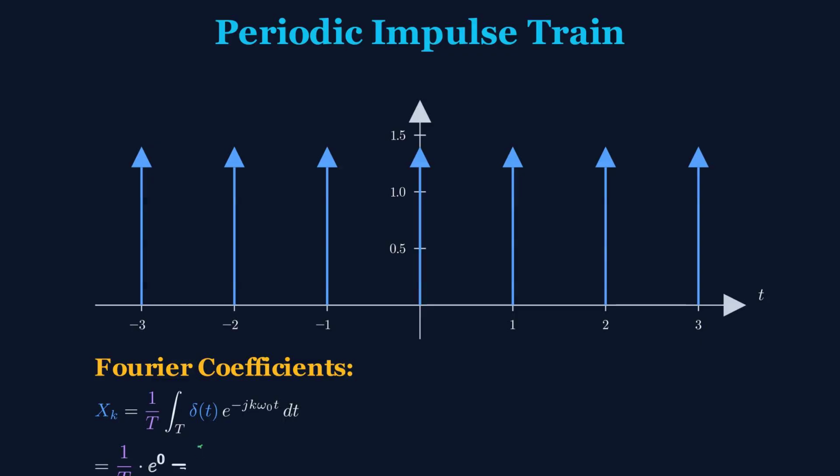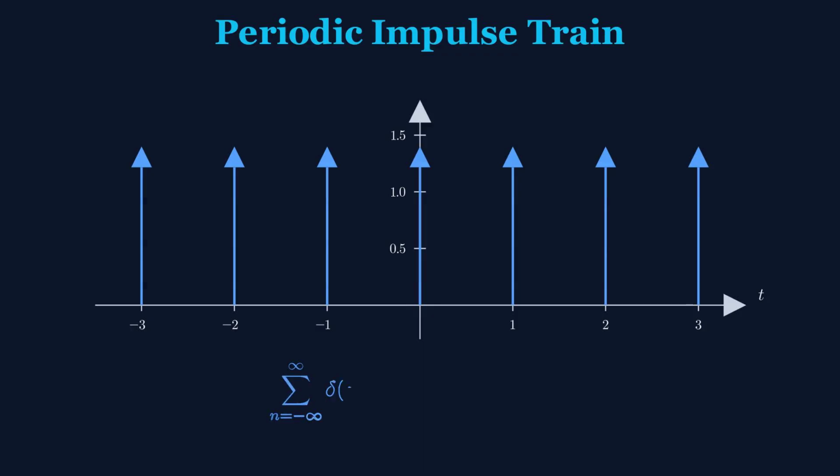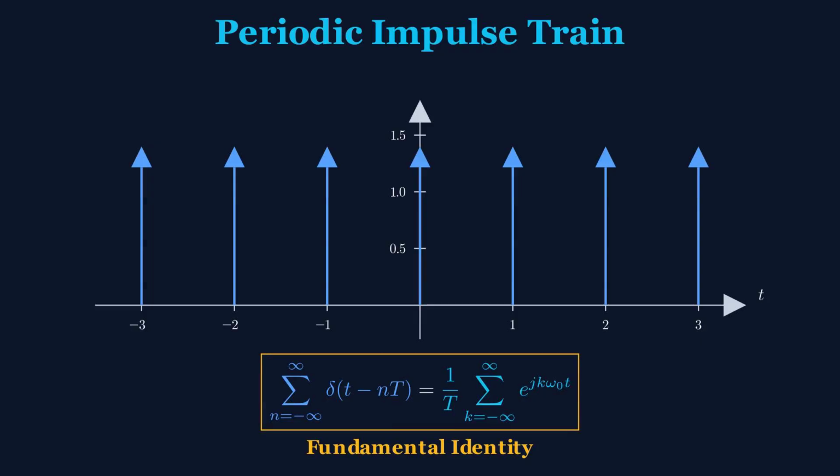The shifting property extracts the exponential at t equals 0, giving e to the 0, which is just 1. Therefore, x sub k equals 1 over T for all k. Every single coefficient has the same value. This gives us a beautiful identity. The periodic impulse train equals 1 over T times the sum of e to the jk omega 0 t.